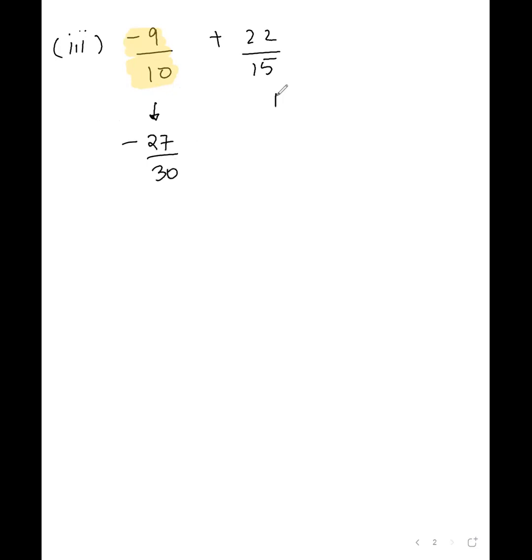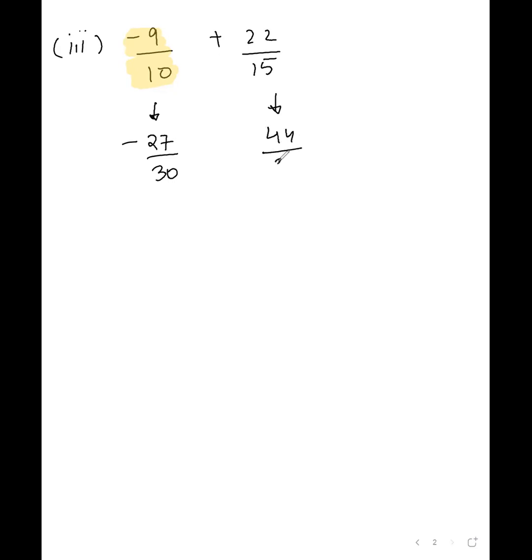And this one? It's 15, right? Yes. 44 by 30.